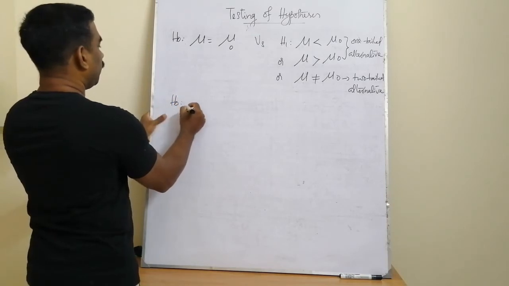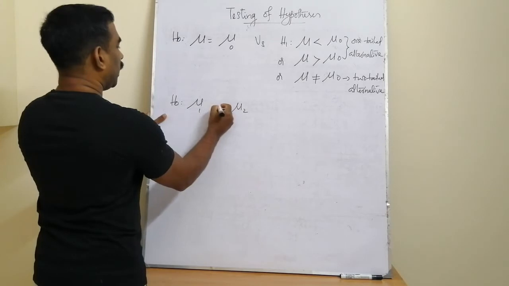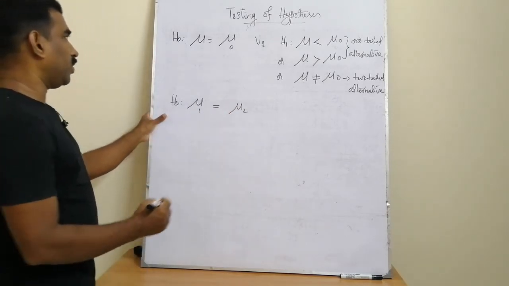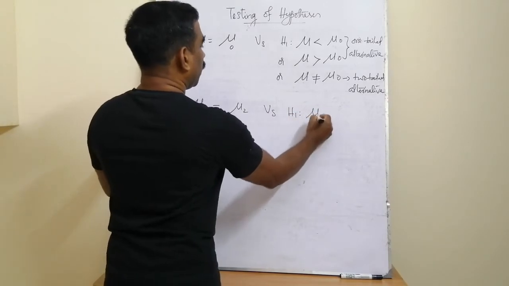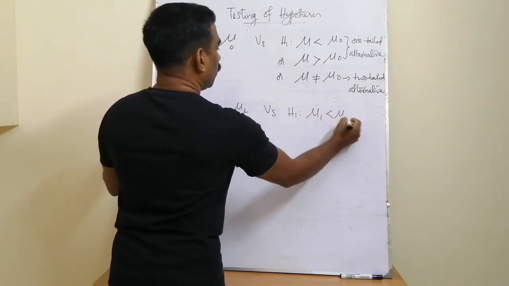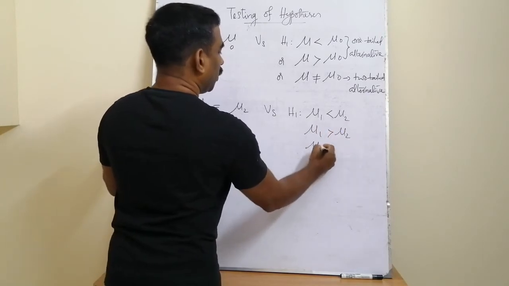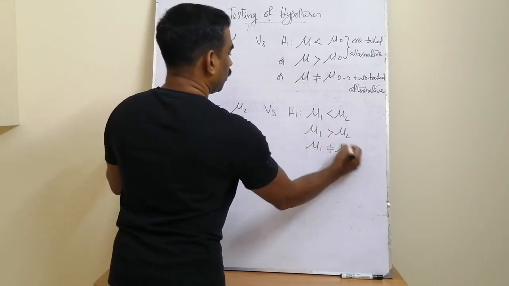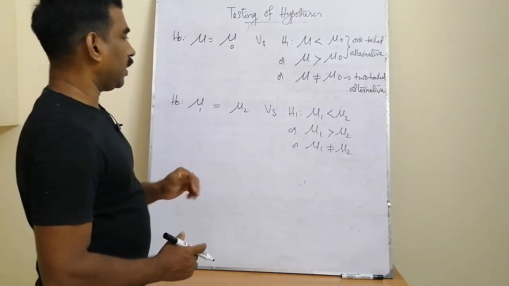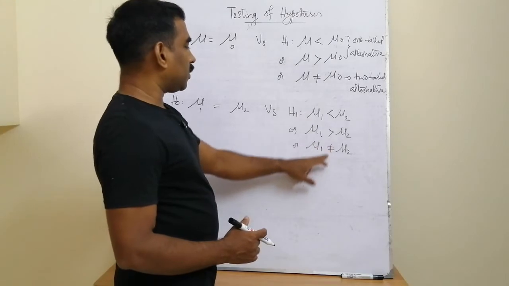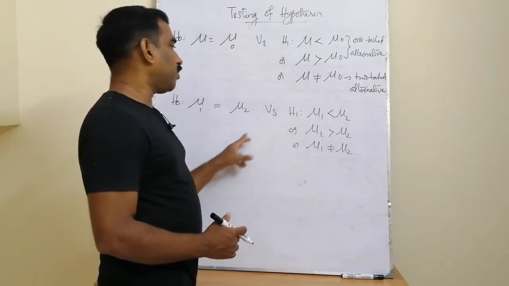Whenever we are comparing two populations with the population parameters, say mu1 and mu2, we have the null hypothesis as mu1 is equal to mu2 against the alternative hypothesis H1: mu1 less than mu2, mu1 greater than mu2, or mu1 not equal to mu2. Either one of these cases occurs in the alternative hypothesis, and we will write down this alternative hypothesis based on our sample information.